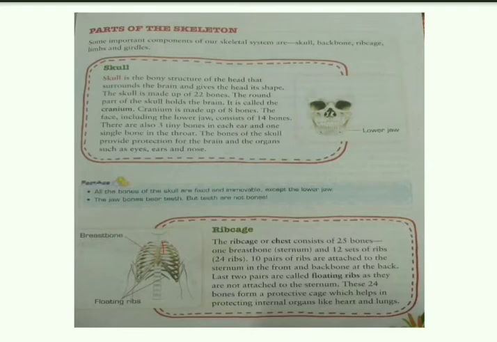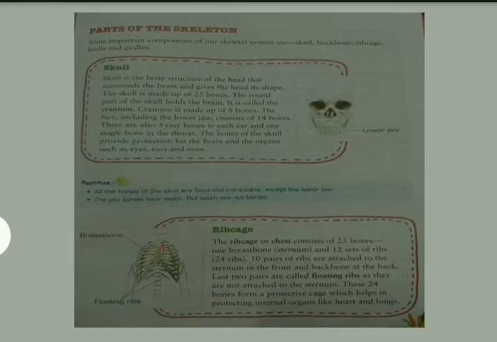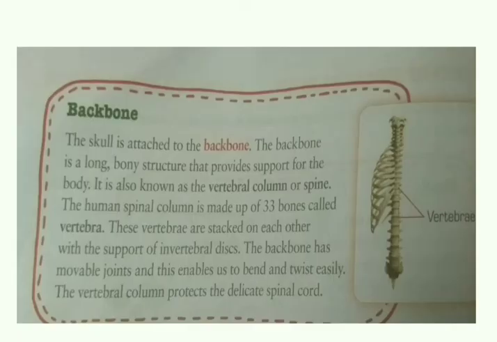The 10 pairs of ribs are attached to the breastbone at the front and to the backbone at the back, and the 2 pairs of ribs are floating ribs. The 22 or 24 bones form a cage-like structure which helps in protecting the soft internal organs like heart and lungs.